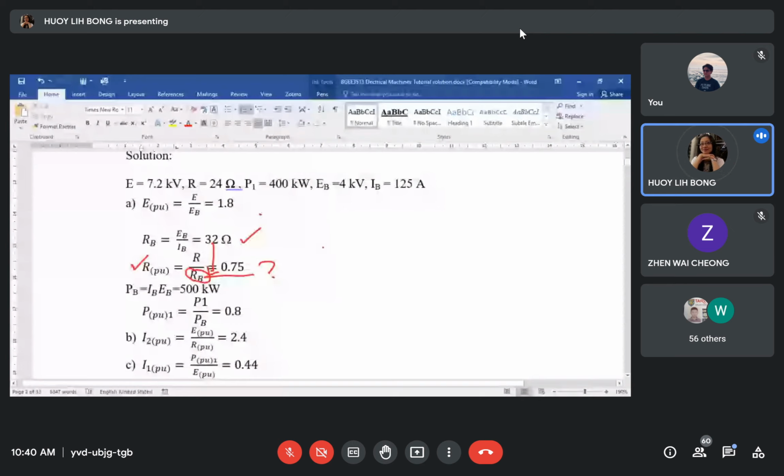Then for the power, since question D already asked to find the per unit power of the resistor, I assume this is the power for the boiler. Straight away you have the power at the boiler, substitute in the base power, current times voltage. Again, write out the equation, see what is missing, then find and substitute it in.